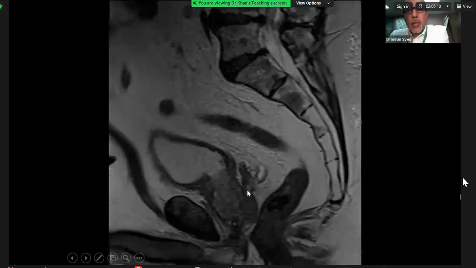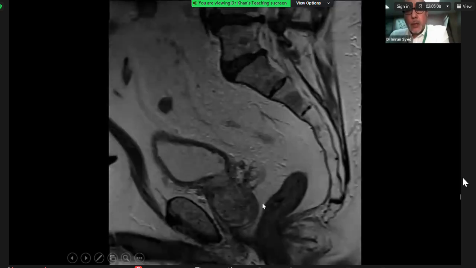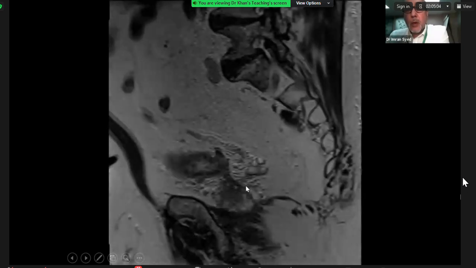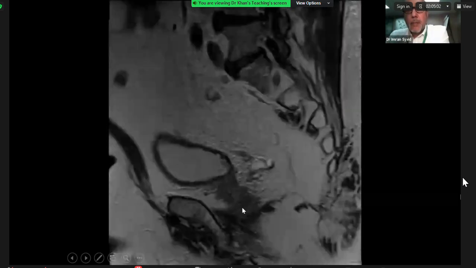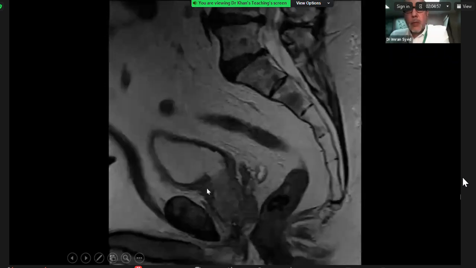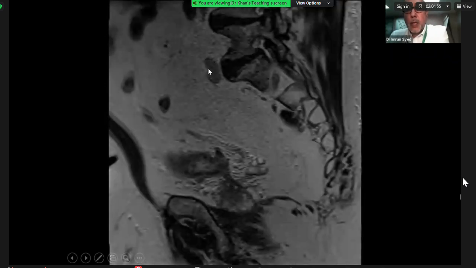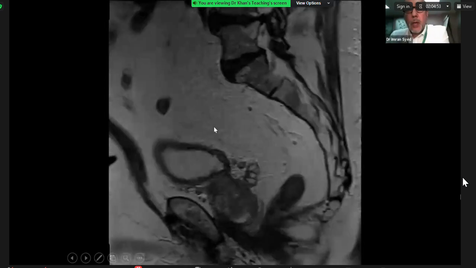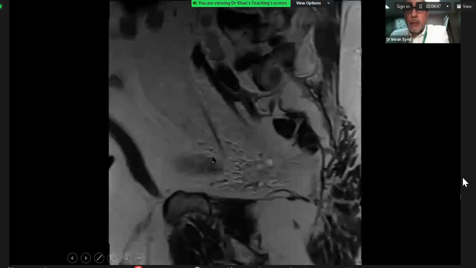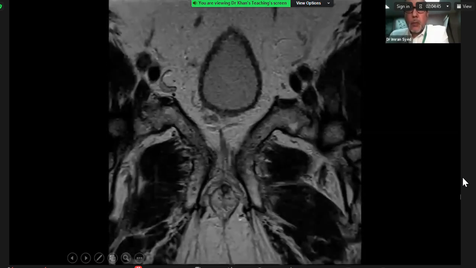So although potentially there is tumour abutting the seminal vesicle, it appears not to be necessarily invading it. And there's no invasion of the bladder neck, but the bladder is seen to be trabeculated. The other things that we can see on the sagittal are the lymph nodes, and then we start to see changes within the sacrum as well, and these are things that we can define further through a T1 sequence.